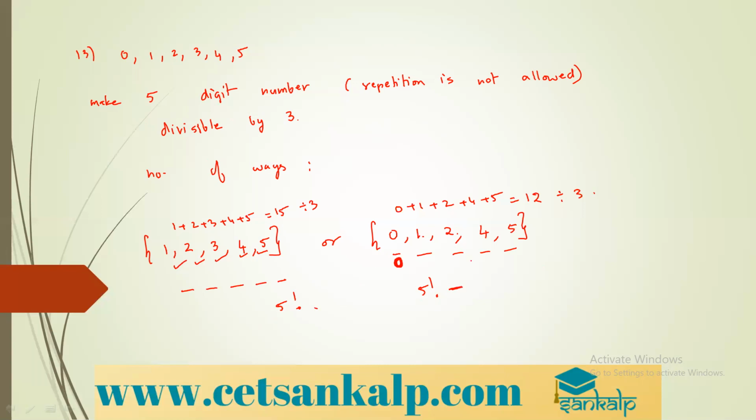How many will there be? 0 is already occupied, and 1, 2, 4, 5 are 4 numbers for 4 places. So 4 factorial numbers start with 0, which we have to subtract. Here the work is complete, and here the work is complete. So we are adding both cases. 5 factorial is 120, 5 factorial is 120 and 4 factorial is 24. So a total of 216 numbers can be formed.